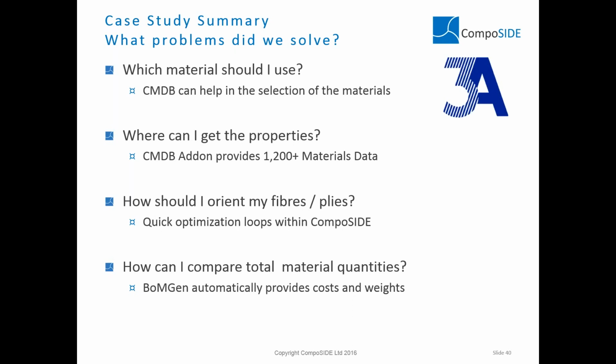Okay, so what did we see in our case study, and what problems did we solve? Well, you had plenty of choice of materials to look at the structure. You basically looked at three key elements: metal, quasi-isotropic carbon laminate, and then a sandwich panel to try to make it in one piece rather than adding stiffness.